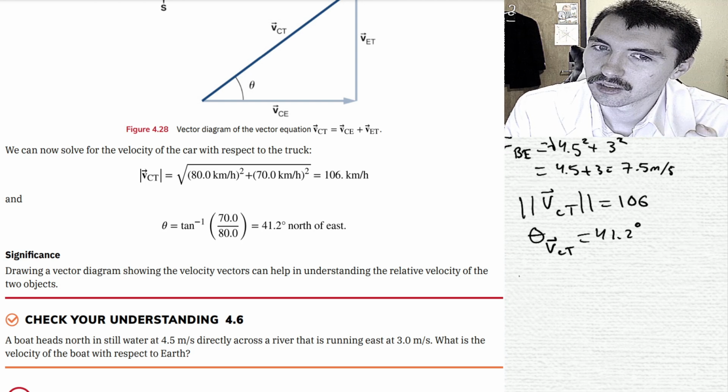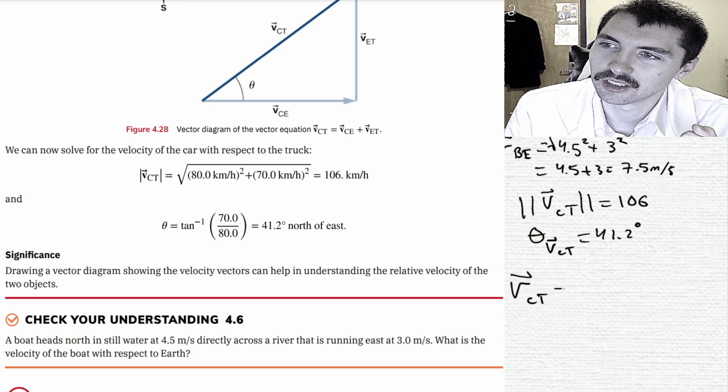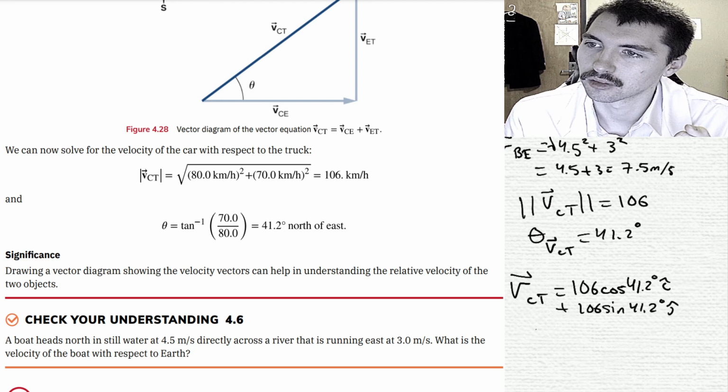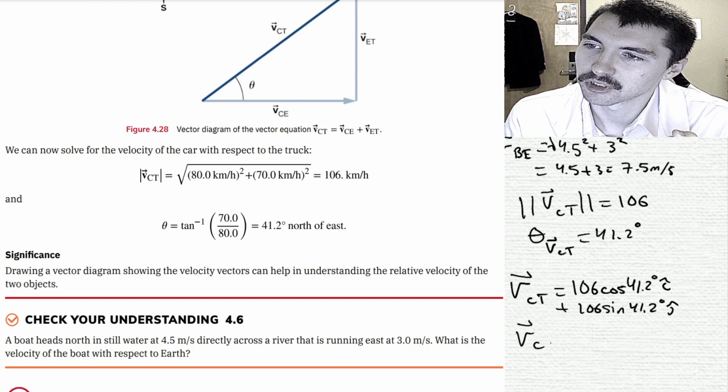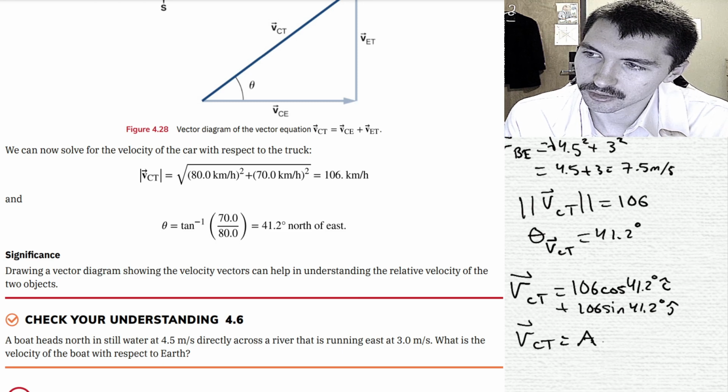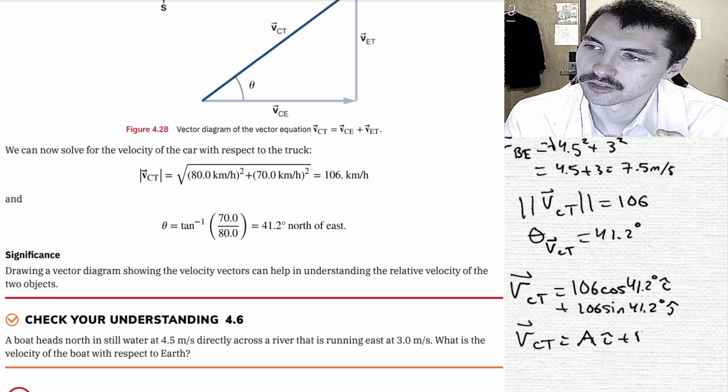So VCT is 106 cosine 41.2 degrees I plus 106 sine 41.2 degrees J. Okay, so then you're expressing this vector as some constant plus another constant.